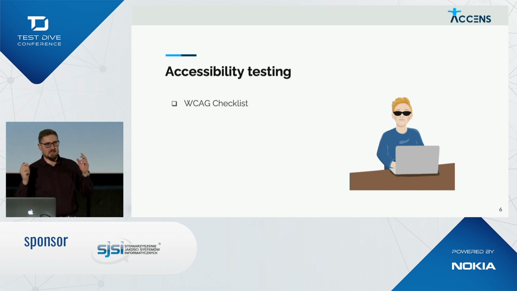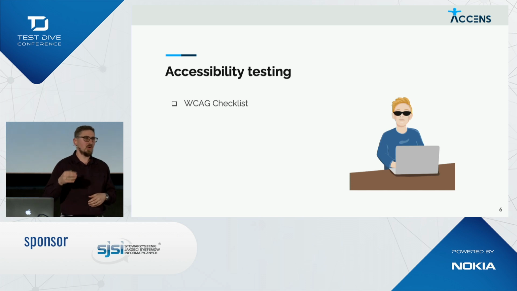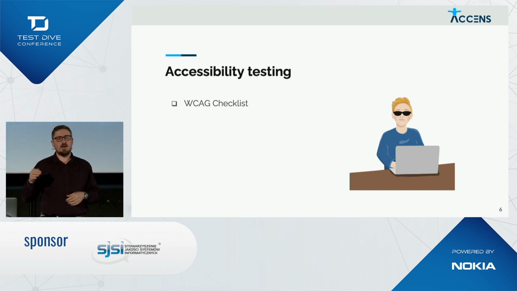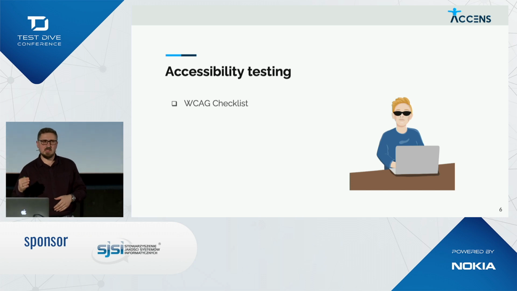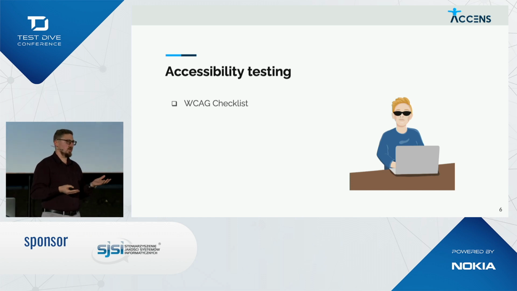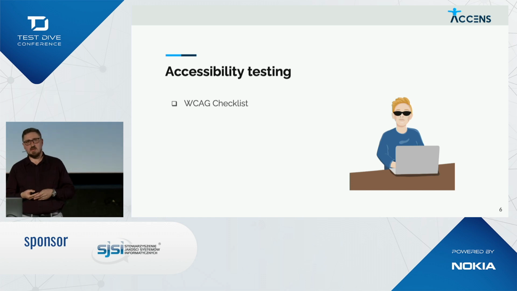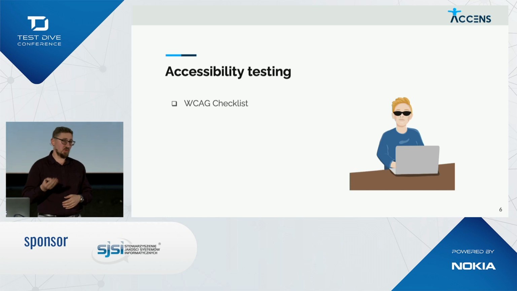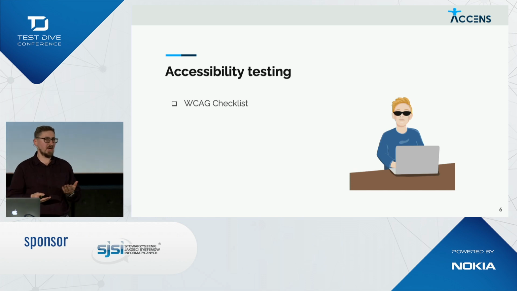If you get to know the criteria there, you will know what you need to check in your website, because this standard is created for websites, but it could be applicable for mobile as well. So if you are going to build software which should be accessible, you should go there and read it, and you will know what parts you should care about and which areas are important.